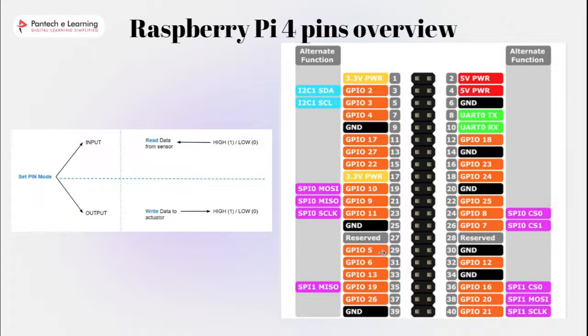The 31st pin does not correspond to GPIO 31. So anytime you have a doubt, just check the pinout again and you will know. To use any of those GPIOs, first you need to configure it as output or input. After that you can write to it or read from it, right?